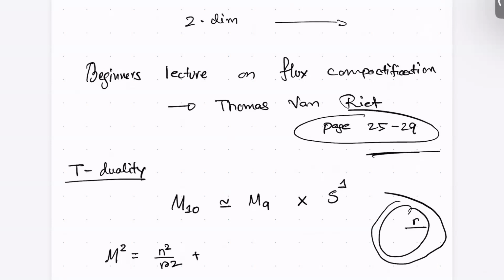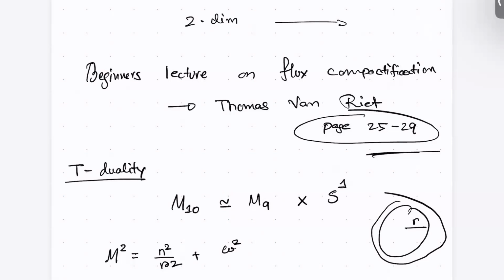What would it contribute to the energy? It will be proportional to exactly how many times it wraps. And then let's call it W squared. It winds around the compact dimension.